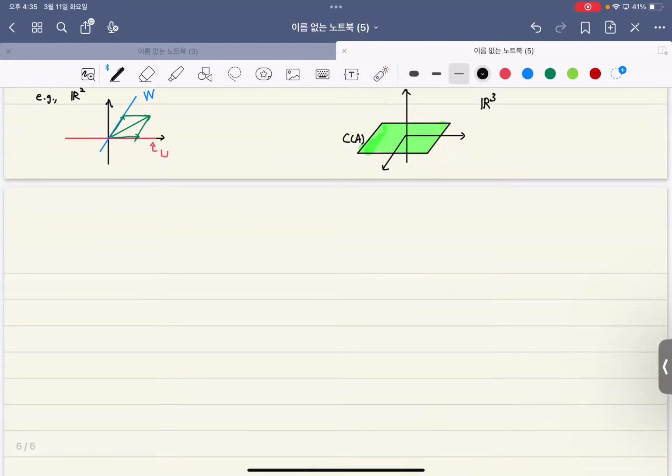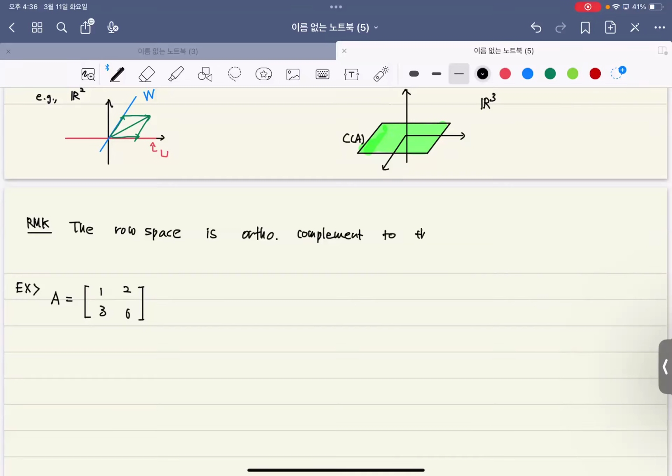All right. By the way, the row space is orthogonal complement to the null space.